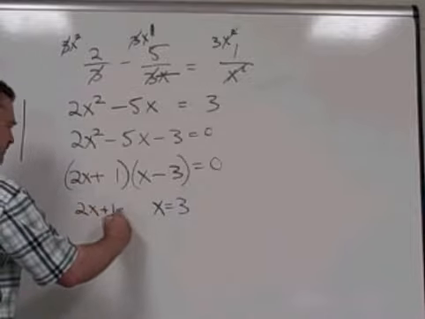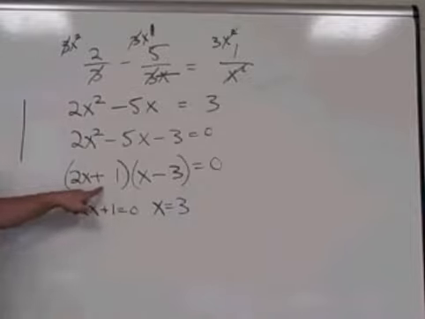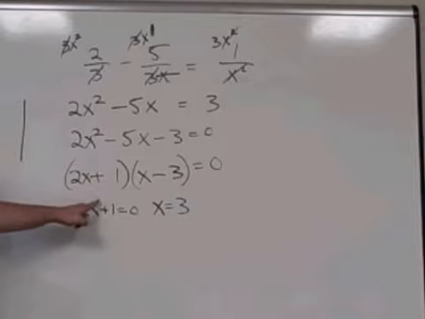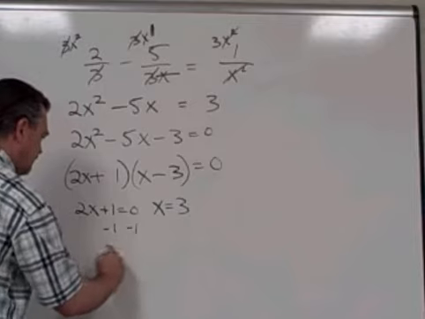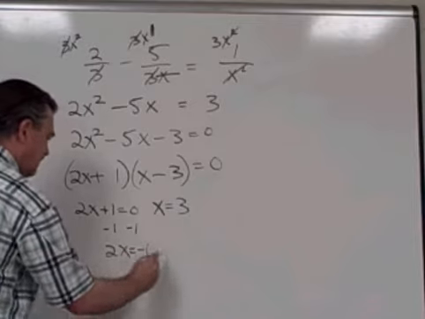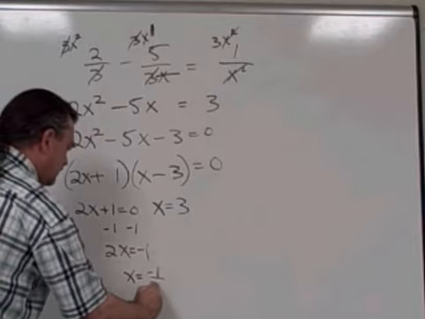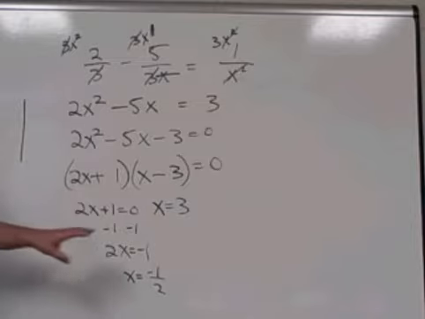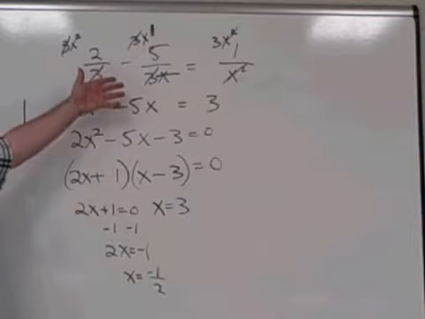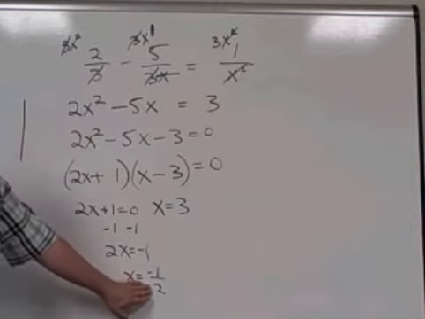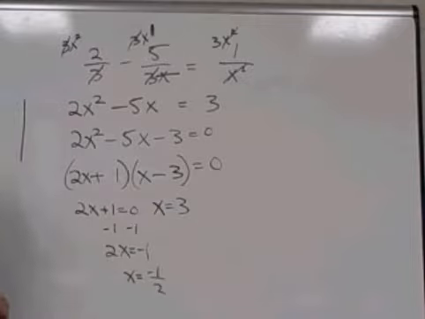Well, remember, one way to find that is to set that factor equal to 0 and solve the resulting linear equation. We'll subtract 1 from both sides, divide both sides by 2. Our two solutions to the original equation are x equals negative 1/2, x equals 3.